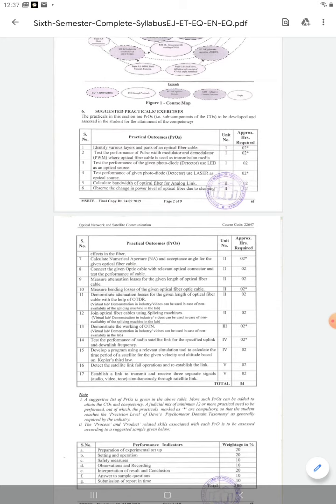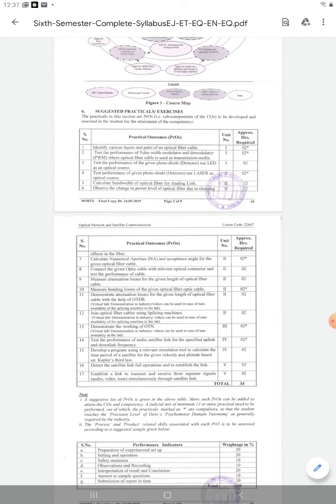One standard method is provided for the calculation of the numerical aperture and the acceptance angle. It is a graphical method, by using which we can easily calculate the numerical aperture and the acceptance angle. In the 8th experiment, we are going to connect the optical fiber with the relevant optical connector and test the performance of the cable.